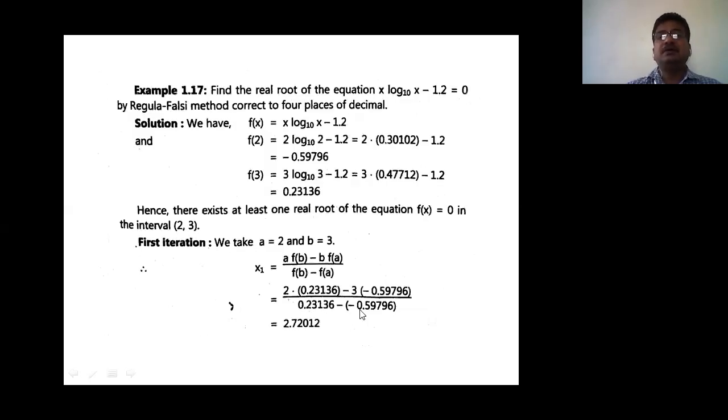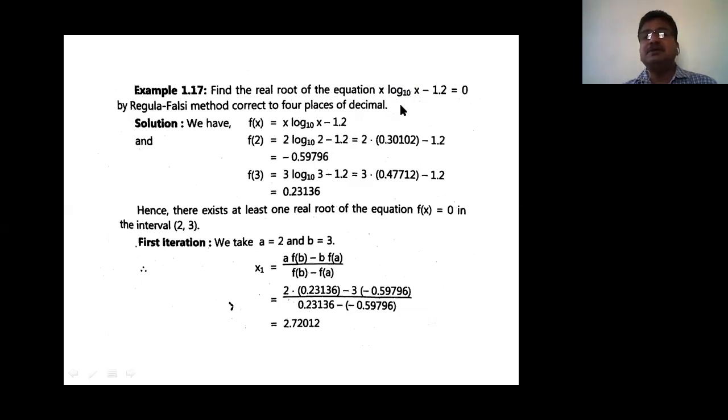0.8525. Okay. The next problem is again a transcendental equation, and this is log x with base 10. If it is only log x, then its base is e. So in mathematics, if the base is not mentioned, then the base is e, and if the base is mentioned, then use that base.